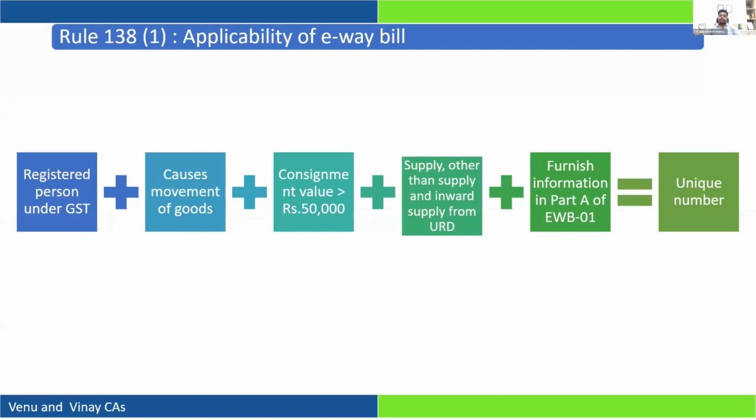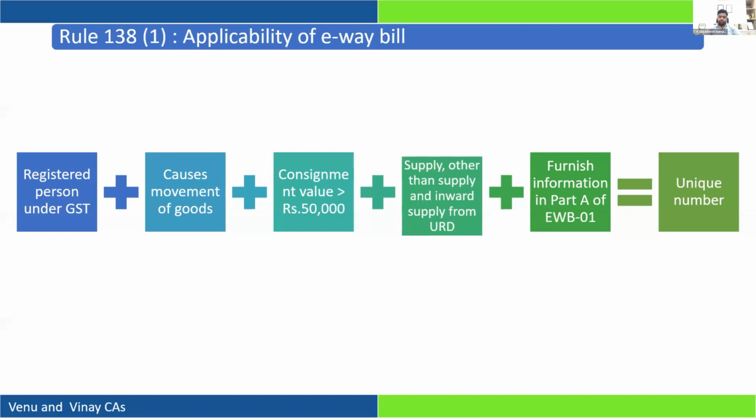So we'll take a small example. I bought mobiles, each mobile worth 40,000, and the invoice is also separately raised for each of the 5 mobiles. In that case, do I need to generate the bill? Each mobile value is 40,000, and I bought 5 mobiles in total, with a separate invoice raised for each mobile.